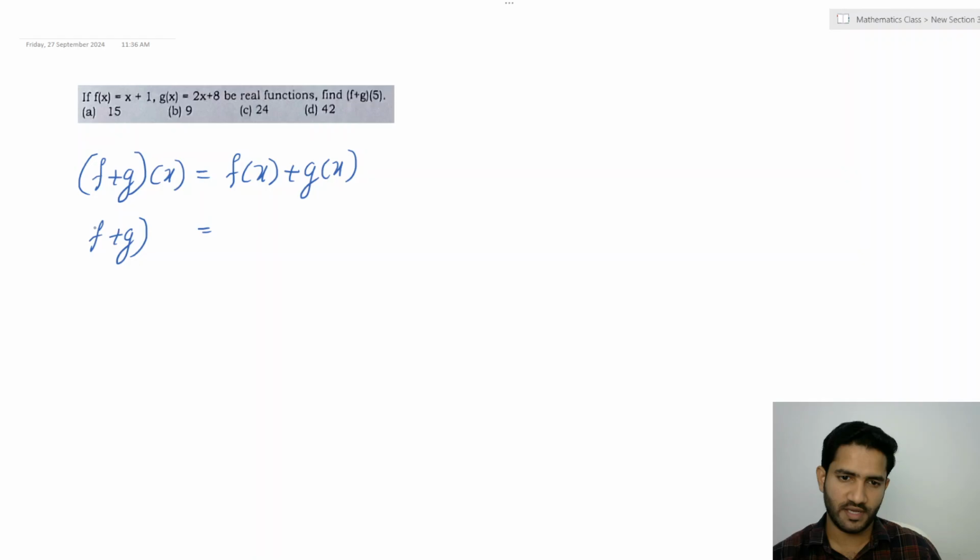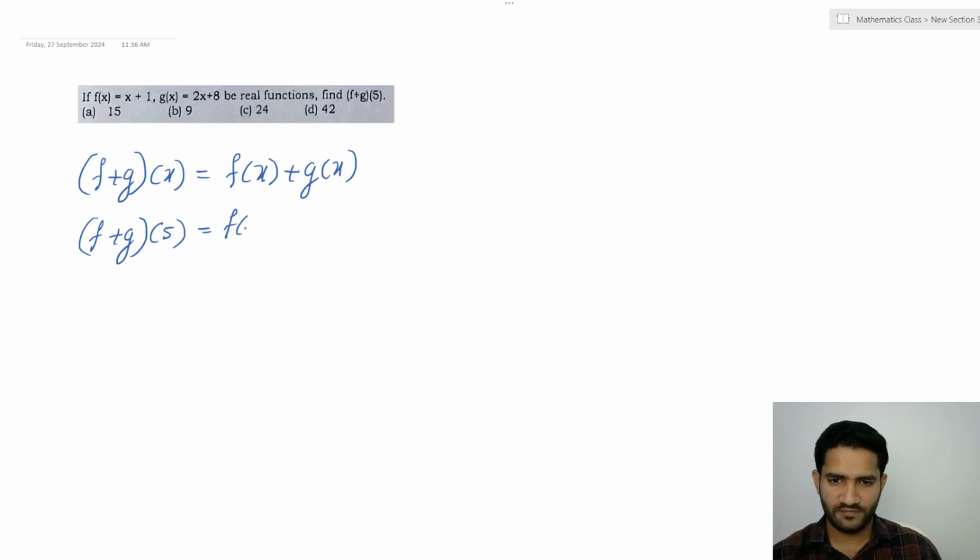We know that by the definition, f plus g of x equal to f of x plus g of x. So the question is f plus g of 5. So just substitute x is equal to 5.